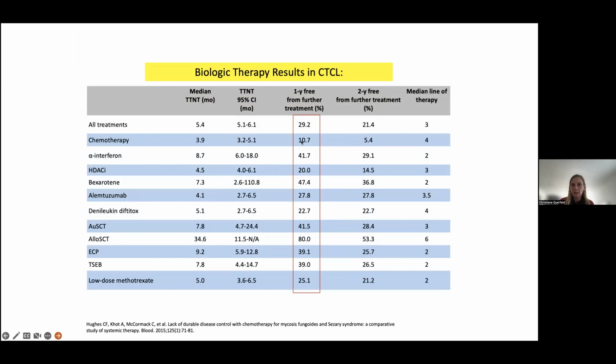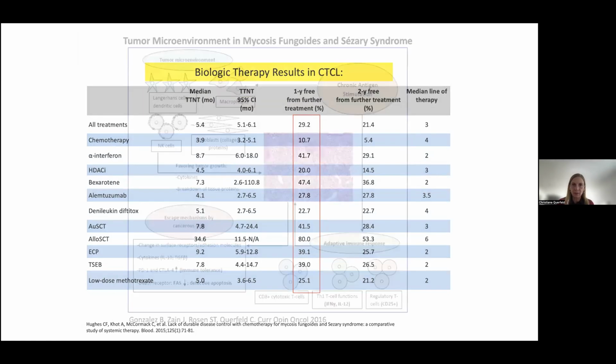So when you compare it, the chemotherapy 10 months versus 40 months, it's a big difference.